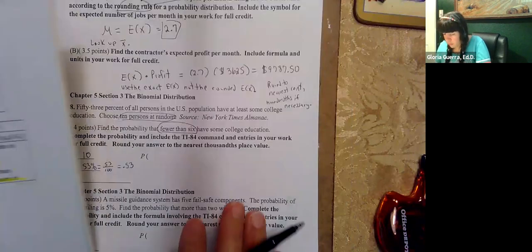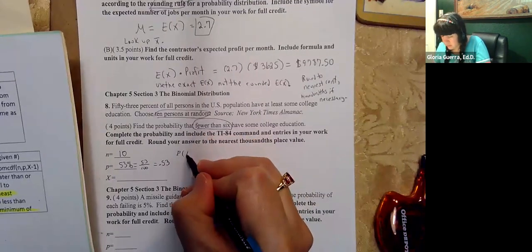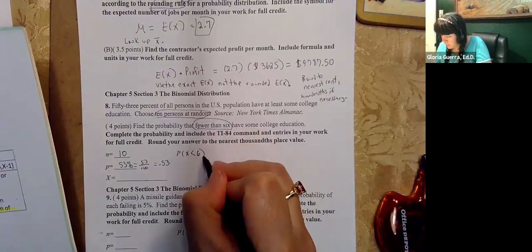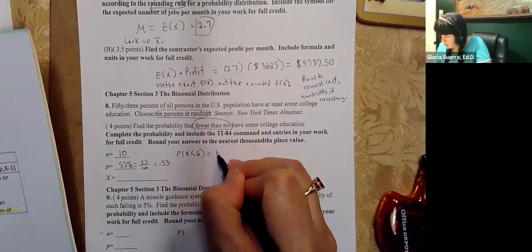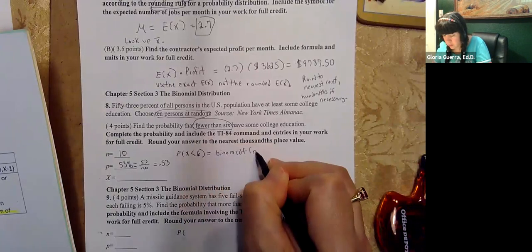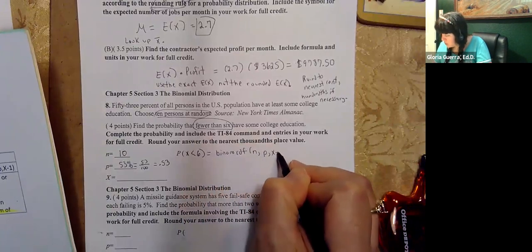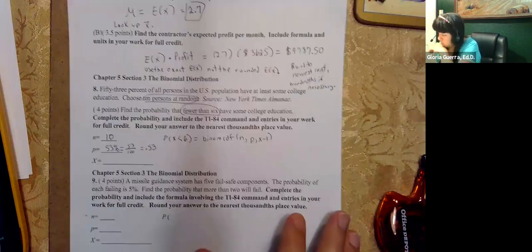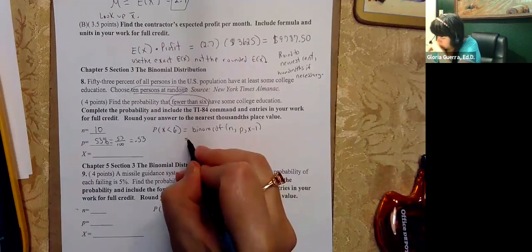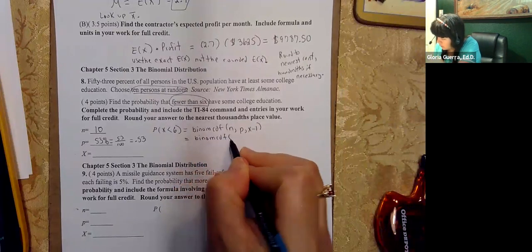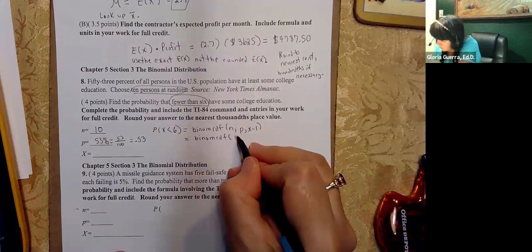Probability X is less than the given number, and the given number was 6. And this is binomial CDF in P, X minus 1. So this is binomial CDF. N is 10.